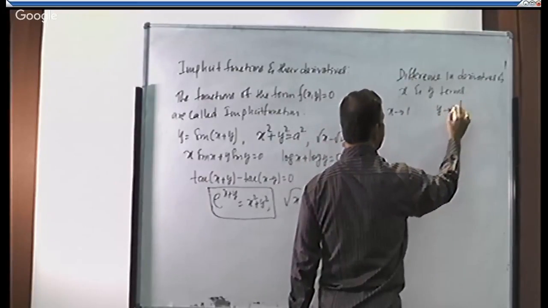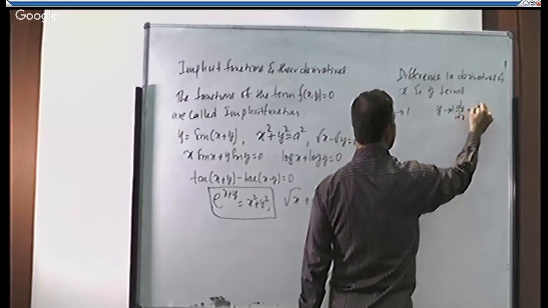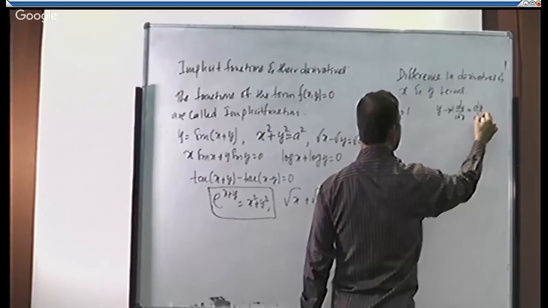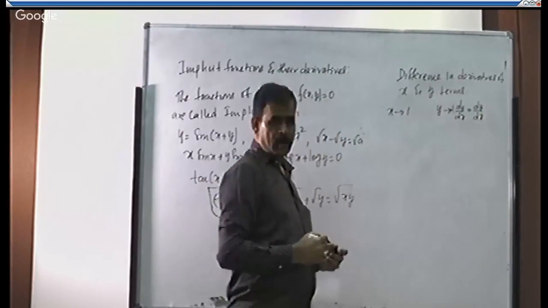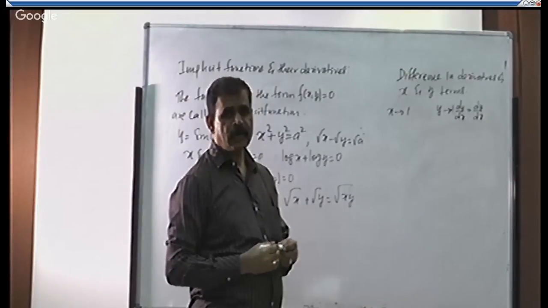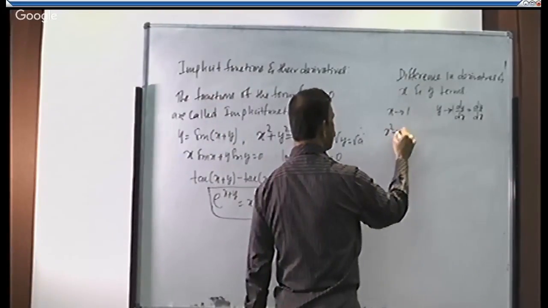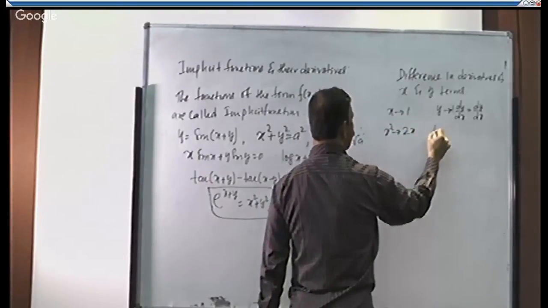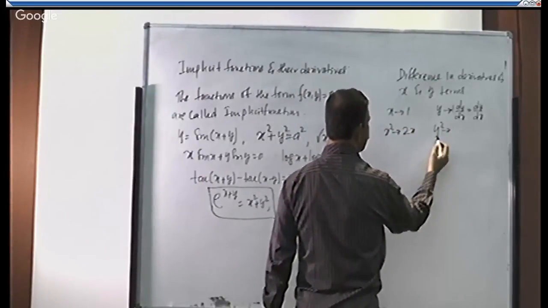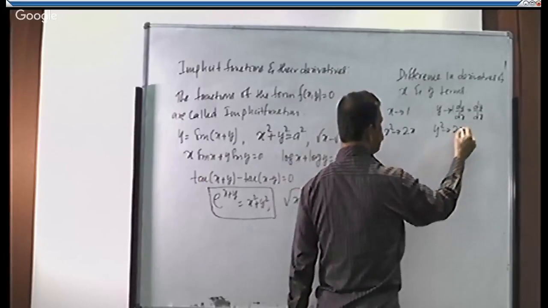It is 1 into dy by dx, or we can simply take it as dy by dx. Right? For x, it is 1. For y, we have to take it as dy by dx. For x square, it is 2x. For y square, it is differentiated similar to x. Then it becomes what? 2y.